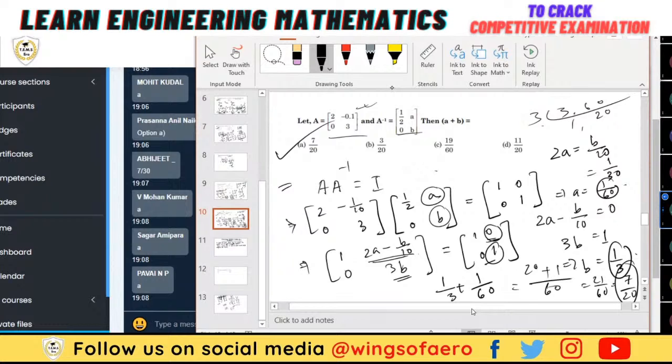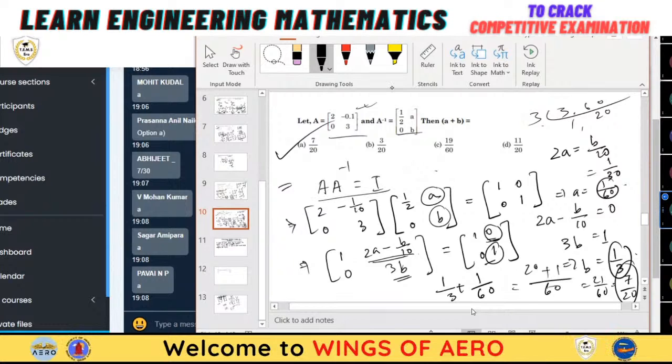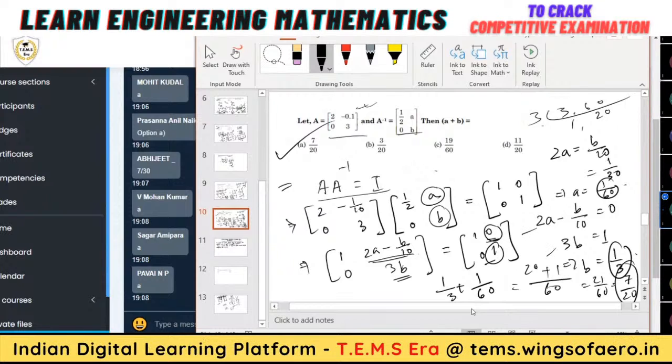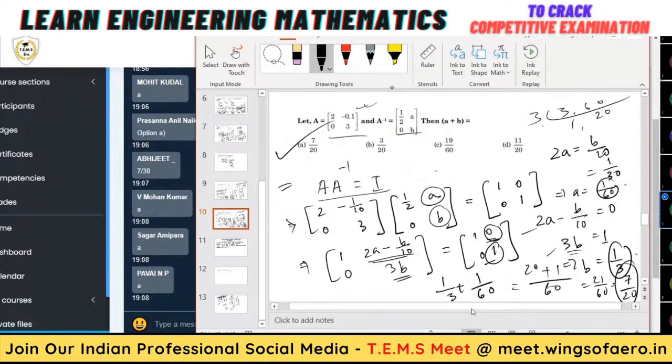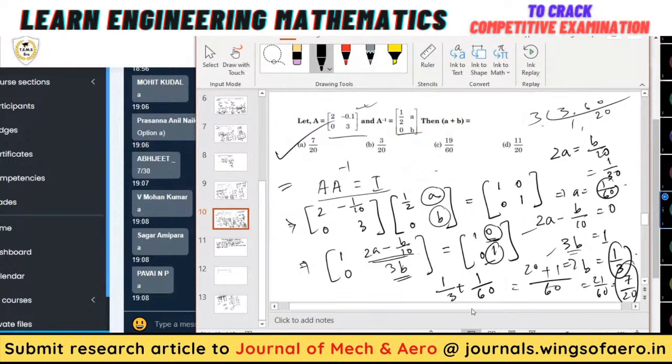If you apply this formula, A into A inverse equal to I, it will take less time. Just find two equations, and 3B equal to 1, it is very easy to find. So these are the basic problems of mathematics and the basic GATE questions.